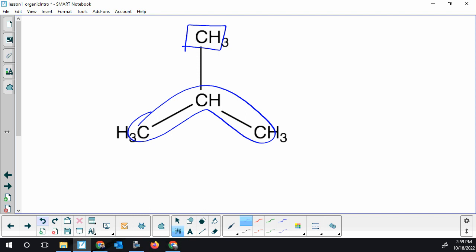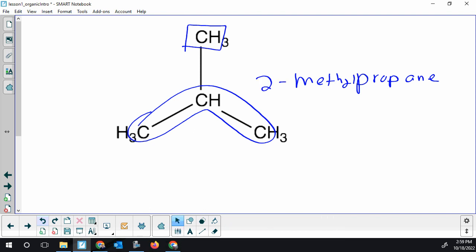So we have a propane, all single bonds. We've got a methyl. Okay. What position is the methyl? Second carbon. So that's where you'd be after rule 2.